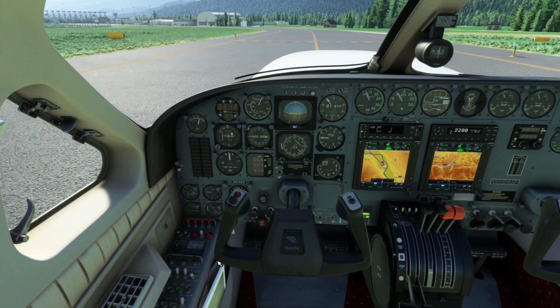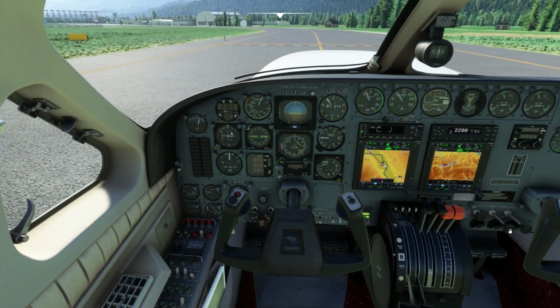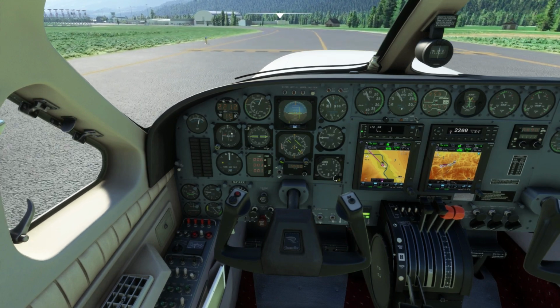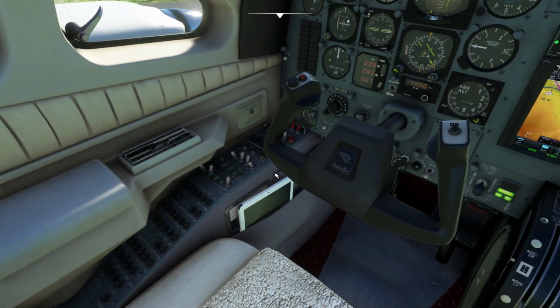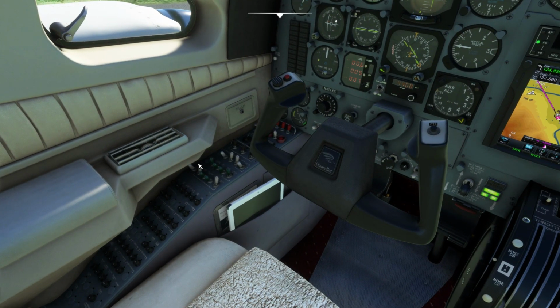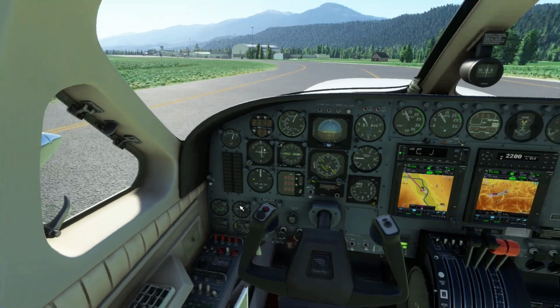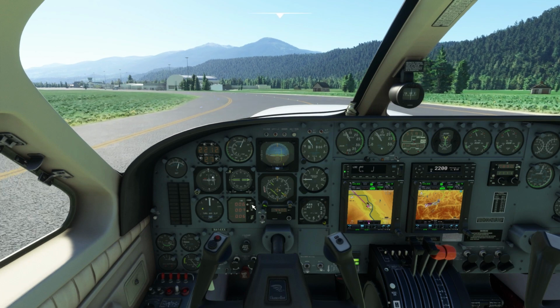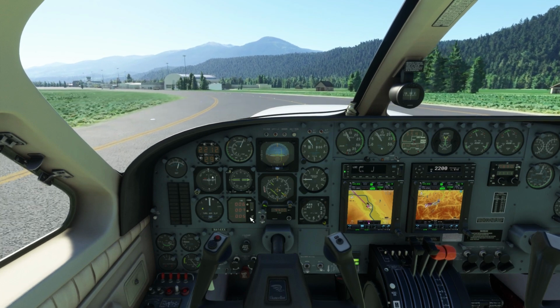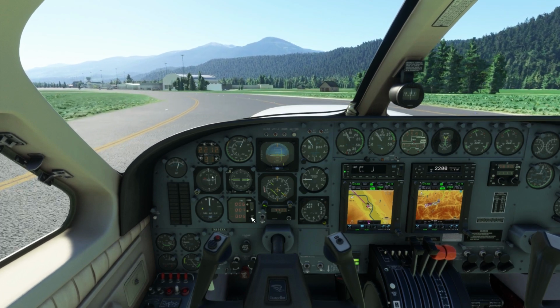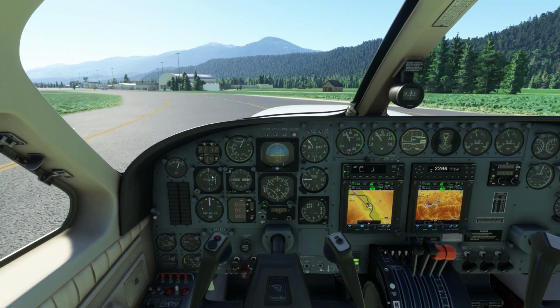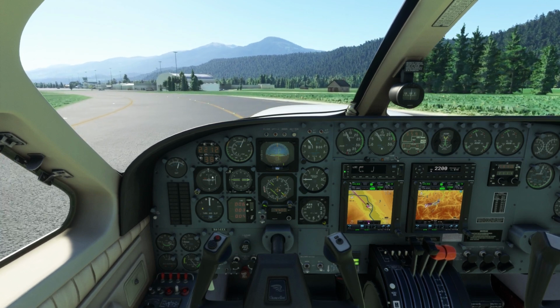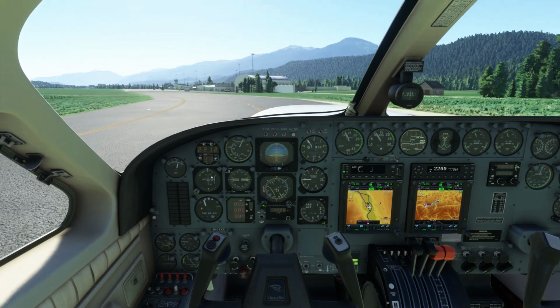Yeah, it's very bumpy. The runway is very curvy, so yeah, I jumped, and I didn't want to put the nose up on the flare.